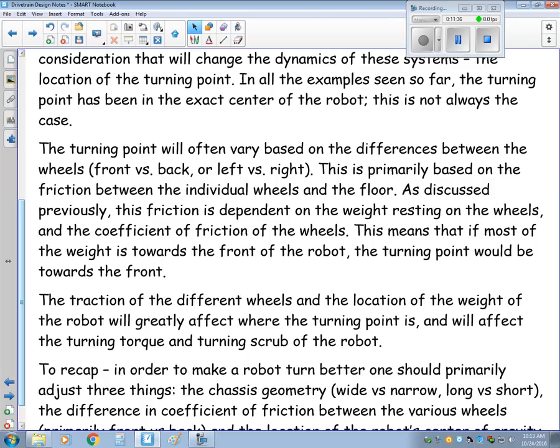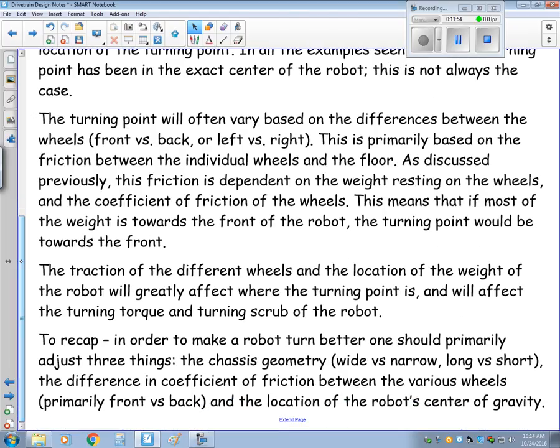Now, friction also depends on the weight resting on the wheel. So if the majority of your robot's weight is on the back end, it will have more friction than the front end, and that will affect the scrub as well. So where the weight is located can affect traction for the robot.